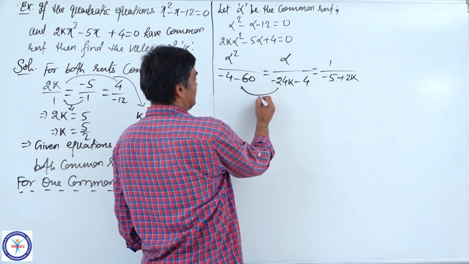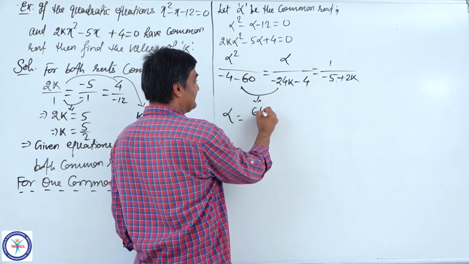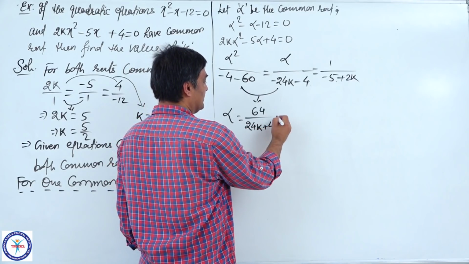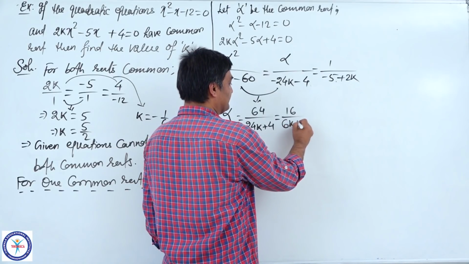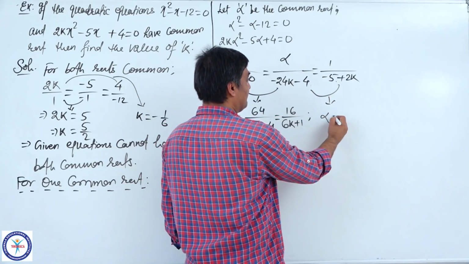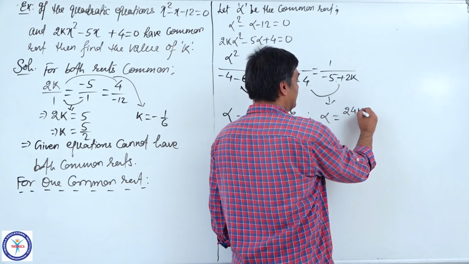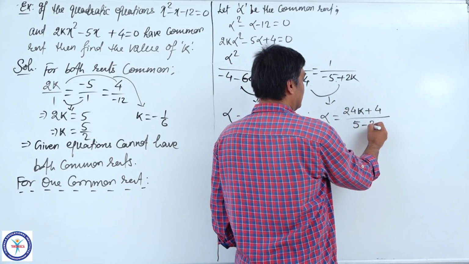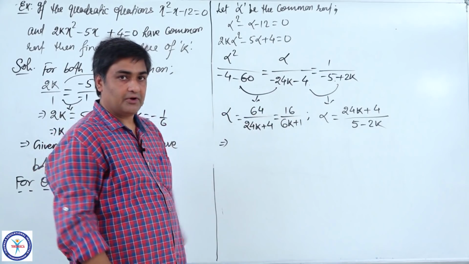Now from first and second we have alpha equal to 64 by 24k plus 4, that is 16 by 6k plus 1, and from second and third we have alpha is 24k plus 4 upon 5 minus 2k. Both are the values of alpha.